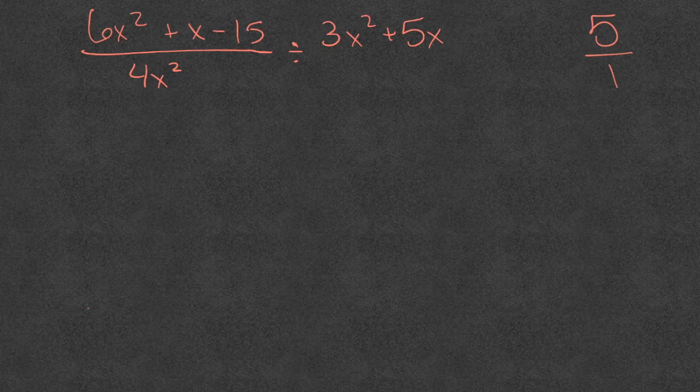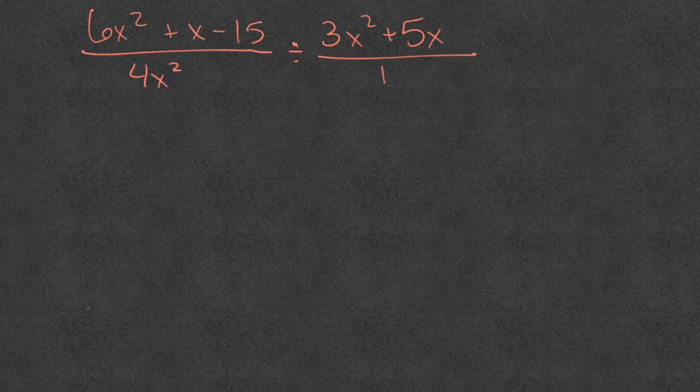So 3x squared plus 5x is actually the same thing as 3x squared plus 5x over 1, which means that all I have to do in order to change it to a multiplication problem is make it 1 over 3x squared plus 5x, and now it looks just like the rest of the problems we've done. So, correct? Yes, it is. And it is that easy. It just looks more difficult because it's not built as a fraction. So, we are going to go ahead and do that.